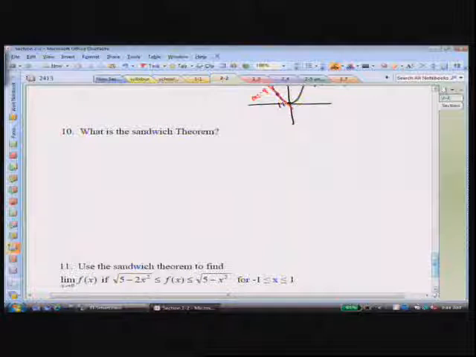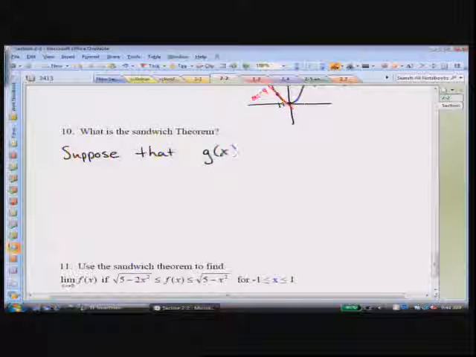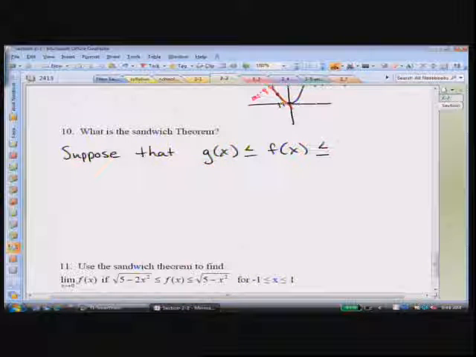Okay, what is the sandwich theorem? All right, we're going to suppose that we have a function g of x, and it's less than or equal to another function f of x, which is less than or equal to yet another function h of x.